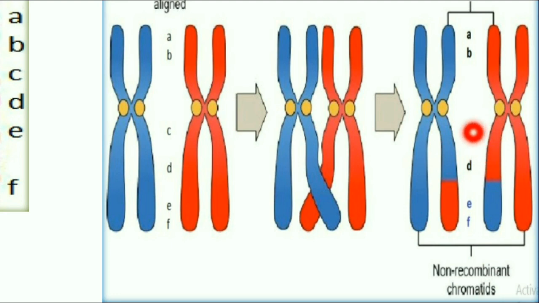So when you compare C and F, they are far from each other. D and F, they are far from each other. C and E, they are far from each other, and D and E have a distant DNA sequence present between them.